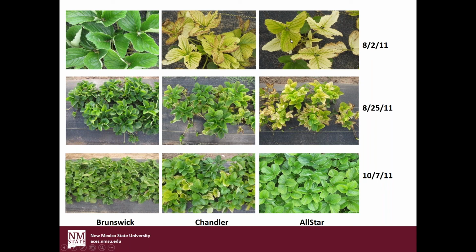And then the other variety, All-Star, had very bad chlorosis here. And by the end of August, it started to look like it was going to recover. And then by October, it actually did kick it into gear, and we had really good performance of that All-Star from the use of a chelated iron product.